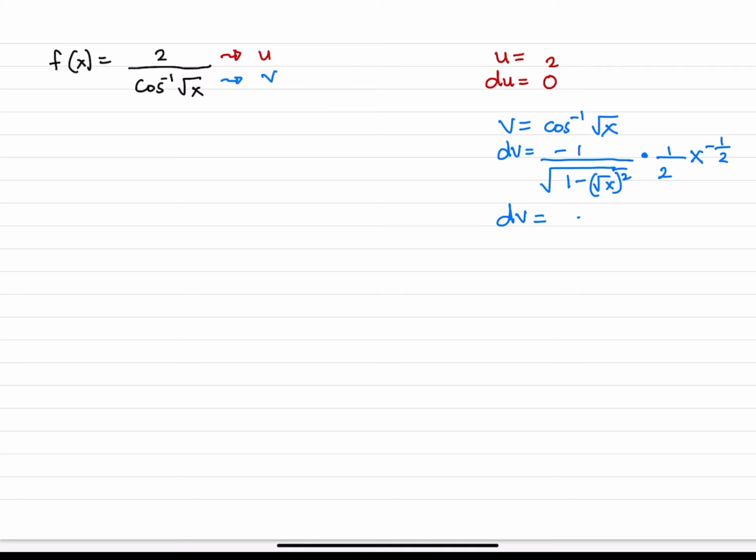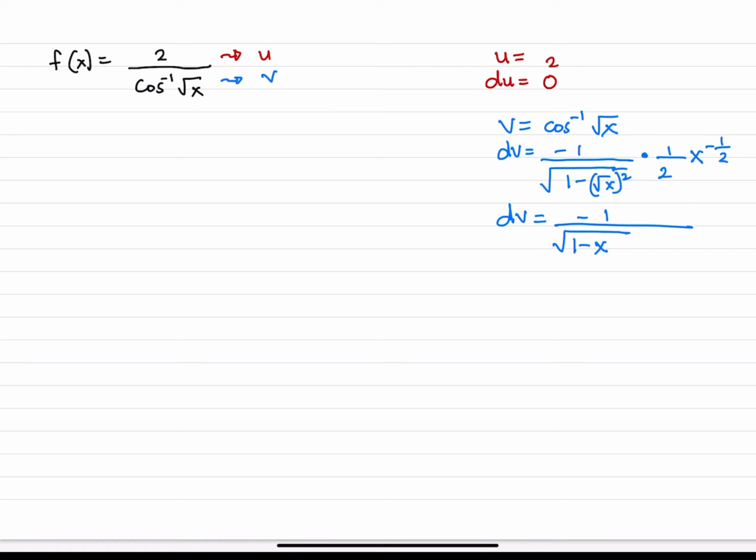This becomes negative 1 all over the square root of 1 minus x, after raising square root of x to the second power, the radical sign is eliminated.